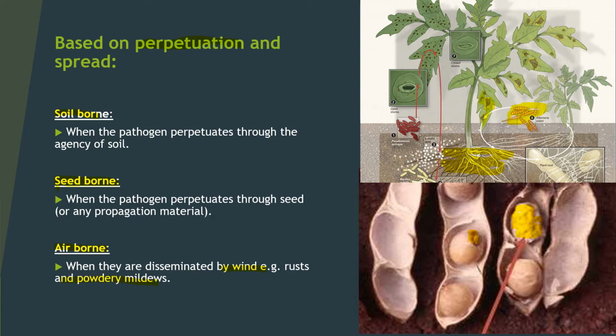Here you can see Pseudomonas syringae, which is a bacterium. It is entering the plant through the stomatal opening, and it is causing the disease over here. So based on perpetuation and spread, we can classify these diseases into the three types we just discussed.